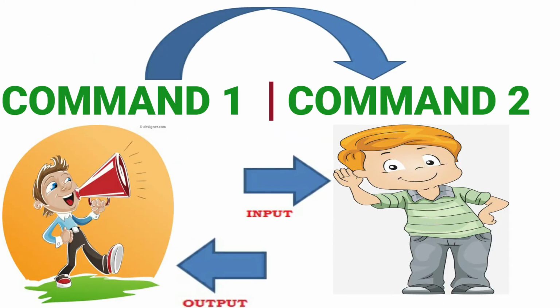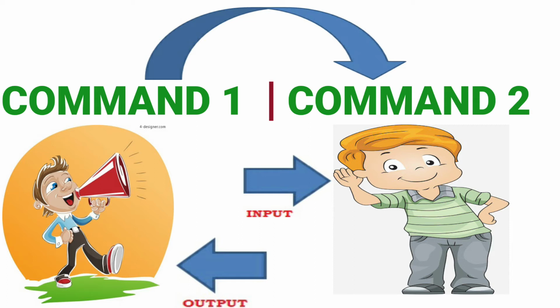So here we have a graphical means of understanding how the pipe command works. Students, you can see in this graphical notation, we have command 1 and command 2 separated by a vertical bar, and that is what we call a pipe. We also call it a filter.